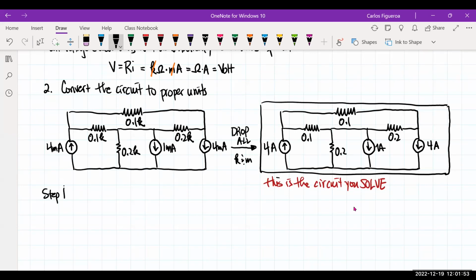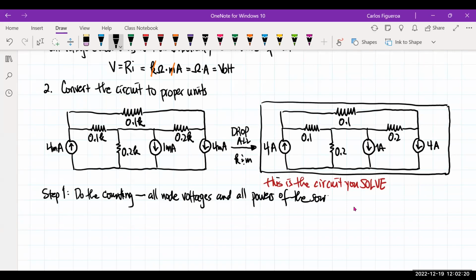So I'm going to do step 1. Step 1 says, do the counting. When we're looking at this counting, we want all node voltages and all powers of these sources.